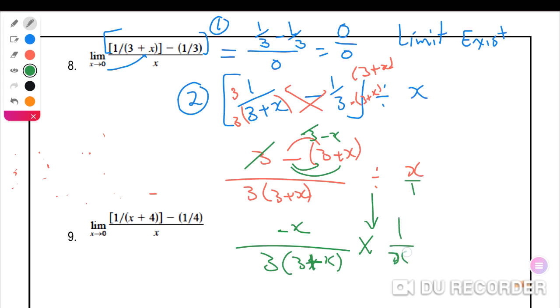Do you have anything to simplify? Yes, I can cancel x: negative x divided by x is negative 1, and x divided by x is 1. Numerator by numerator, denominator by denominator, it will be negative 1 over 3 multiplied by 3 plus x.